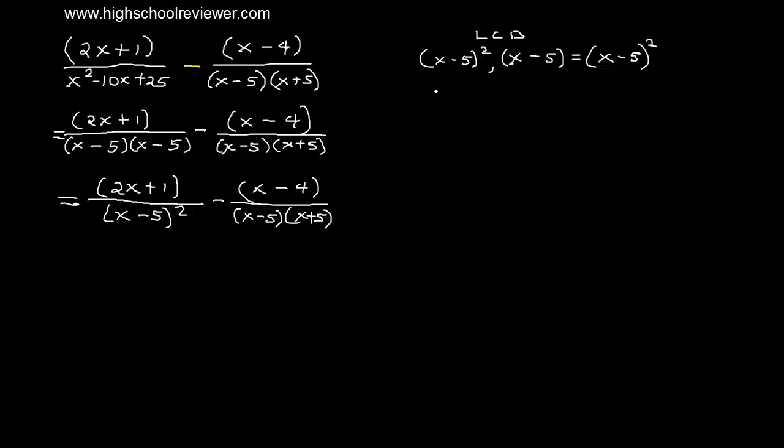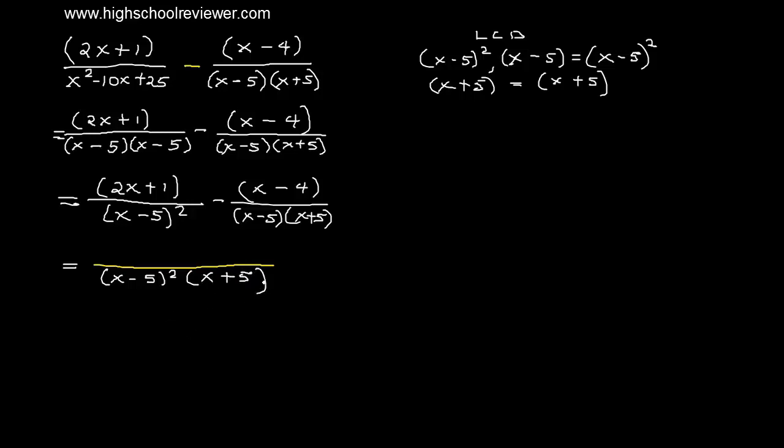And the LCD of the quantity of x plus 5 would still be the quantity of x plus 5. So the LCD will be the quantity of x minus 5 raised to the power of 2, and the other one will be the quantity of x plus 5.